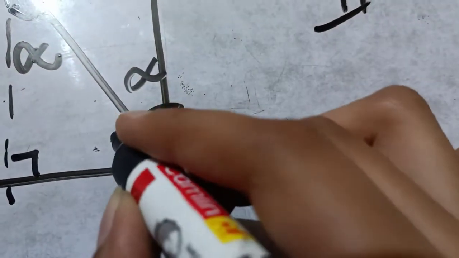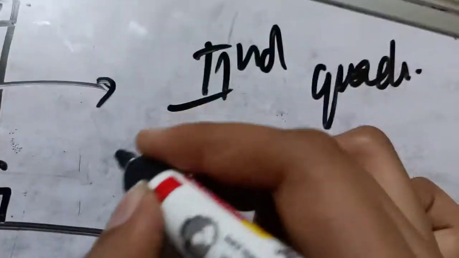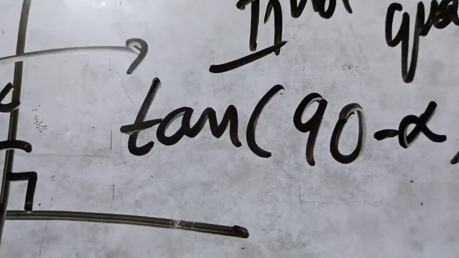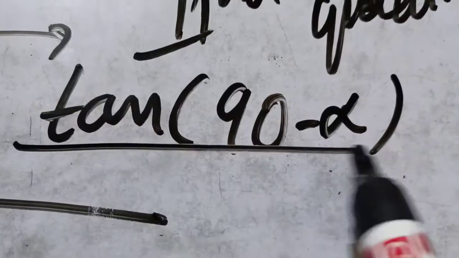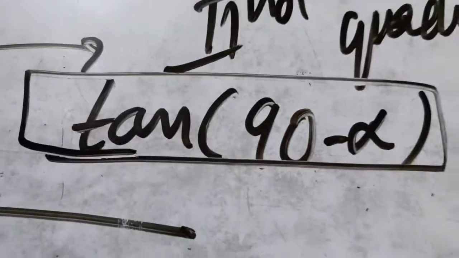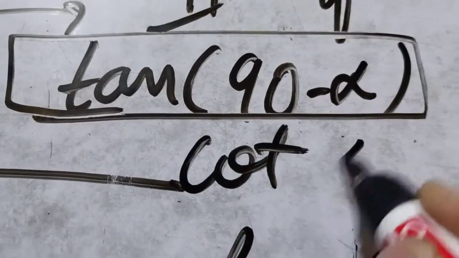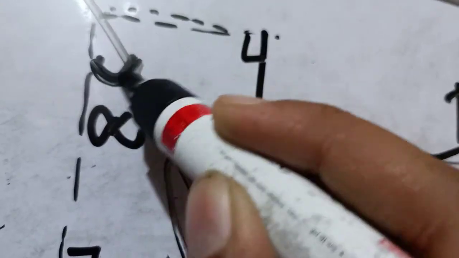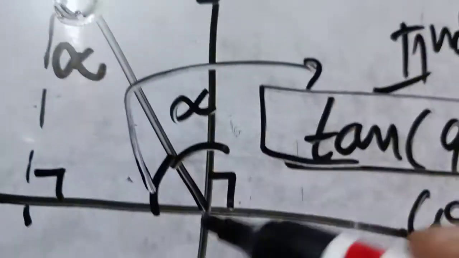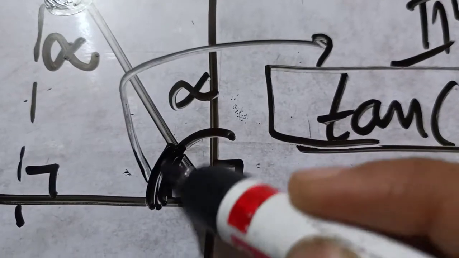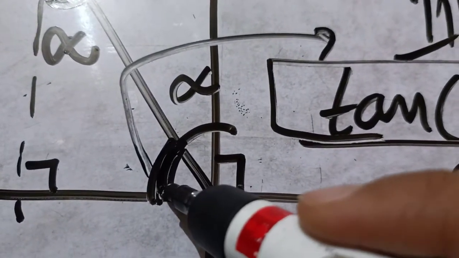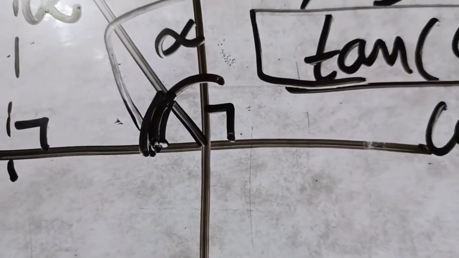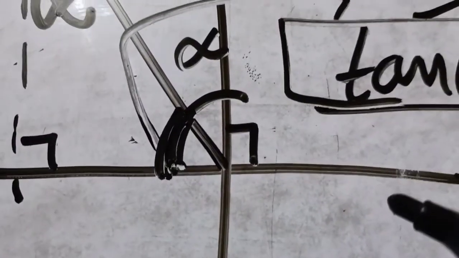You know that tan 90 minus alpha is cot alpha. That means this is our alpha, and if we find the tan of this angle, then this will equal cot alpha. Now we have not put in our signs.